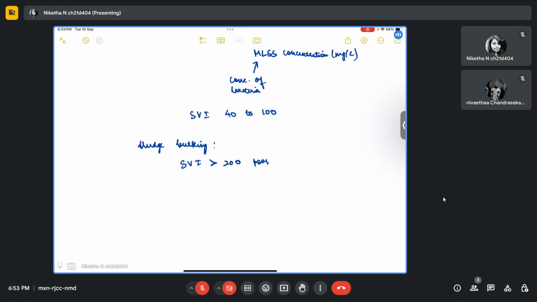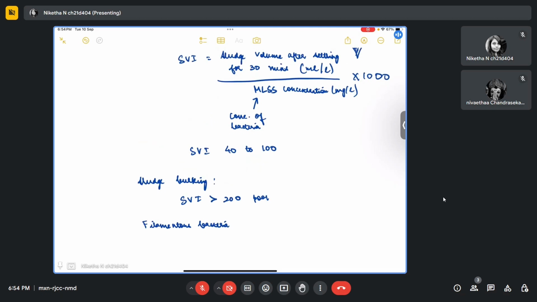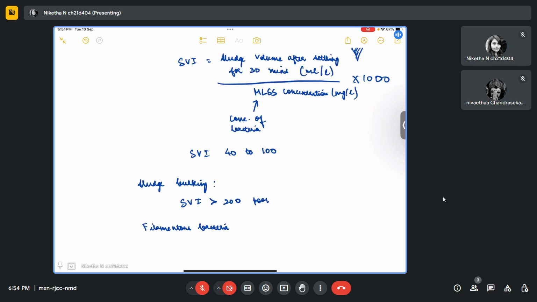So this is caused by a certain type of bacteria called filamentous bacteria. Now, filamentous bacteria will not be very helpful in degrading organics, and it will have a very low density, so it won't settle.